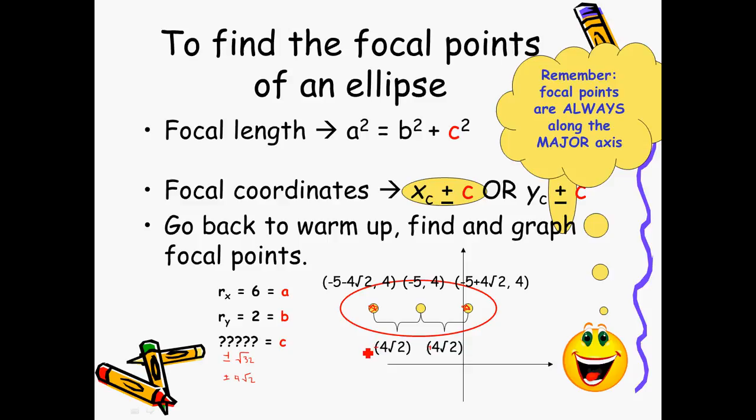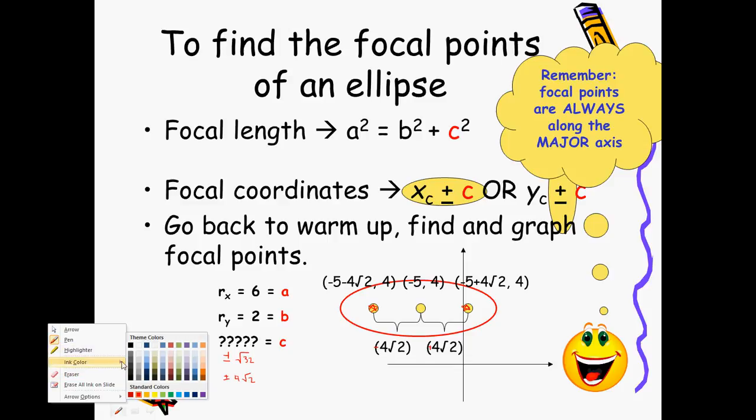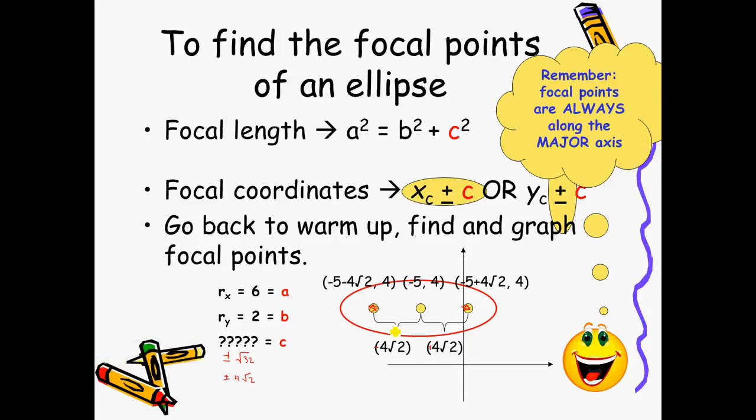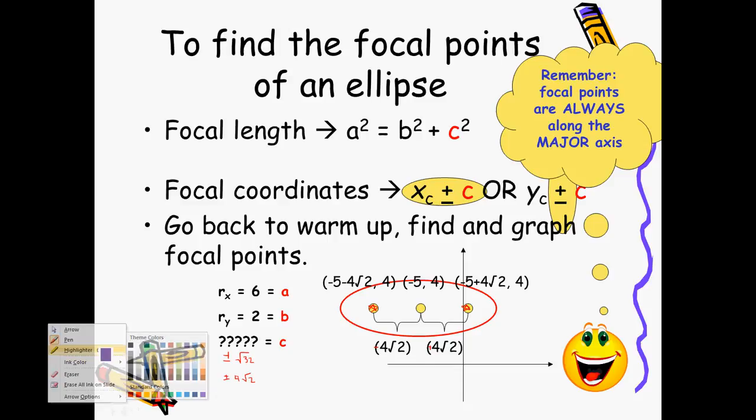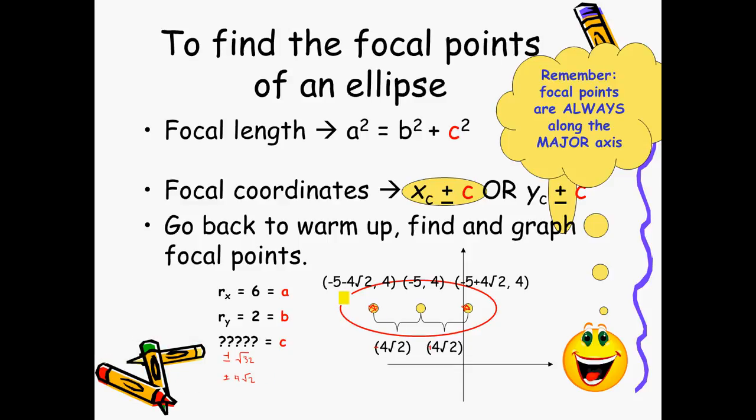Now, if c had been an integer, I would have just combined them, but you can just leave them like this. This is the x-coordinate, negative 5, you know.